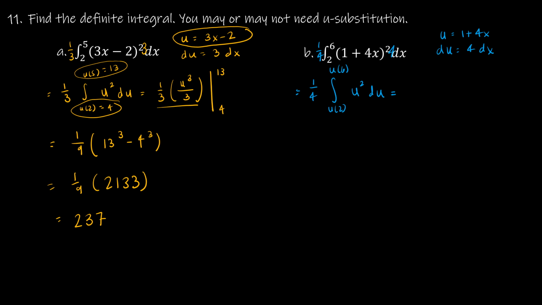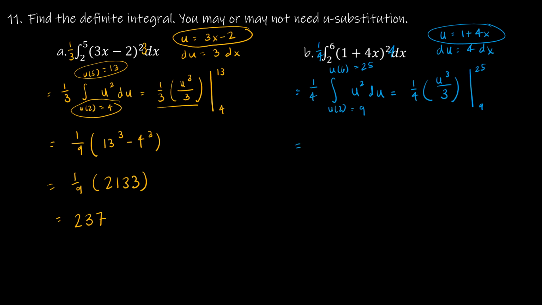So that gives me the 1/4 that I had before, and then u squared turns into u cubed over 3, and then again, this is u of 2, so 1 plus 4 times 2, that gives me 9, and 1 plus 4 times 6, that gives me 25, so from 9 to 25.